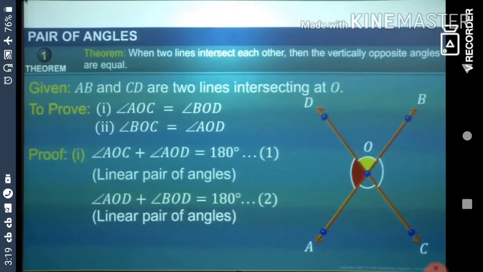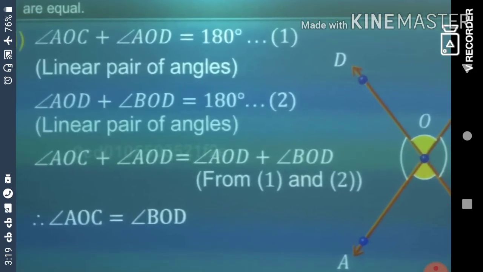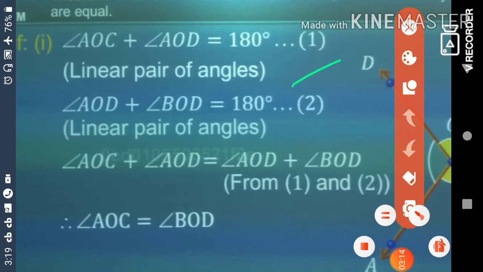Now if you remember, when I explained Euclid's geometry, we learned one axiom: things which are equal to the same thing are also equal to one another. By applying that axiom, angle AOC plus angle AOD equals 180 degrees, and angle AOD plus angle BOD also equals 180 degrees.